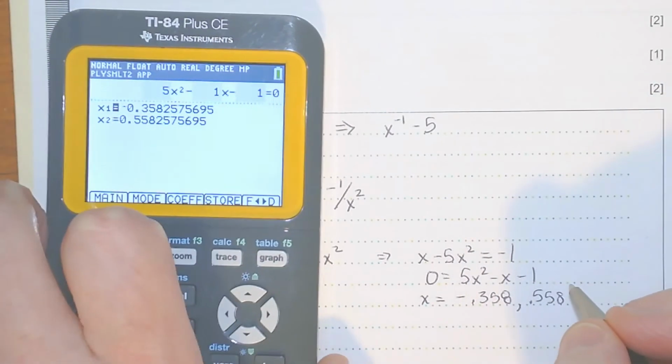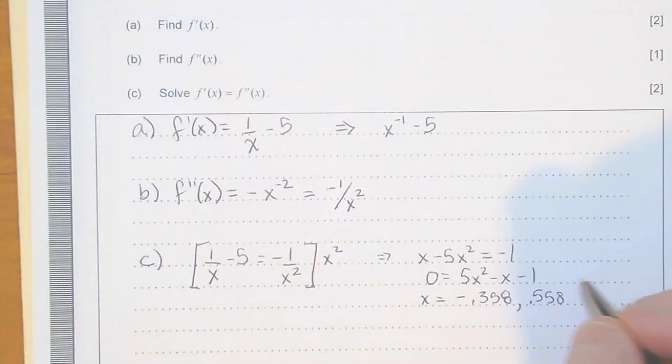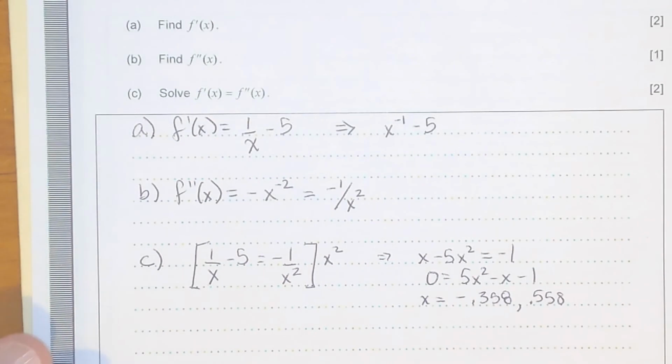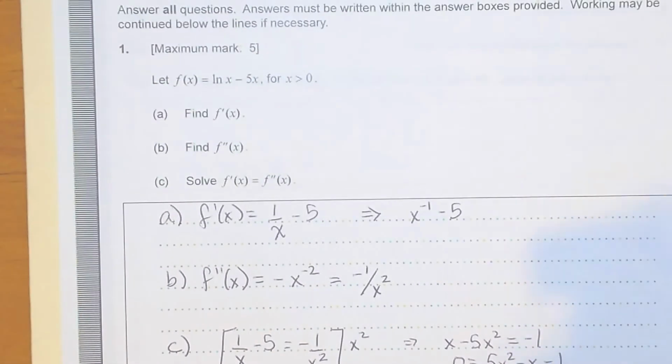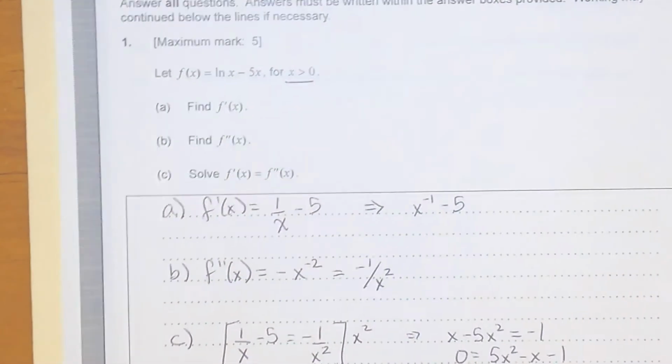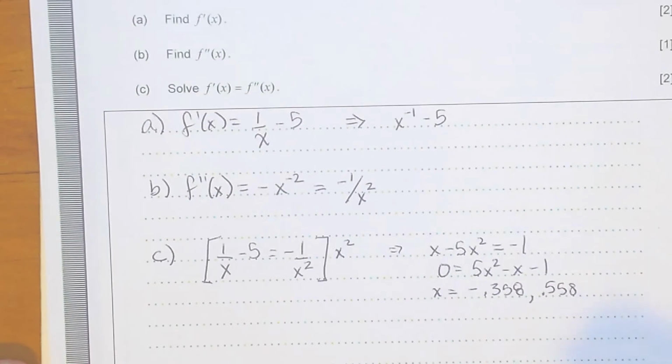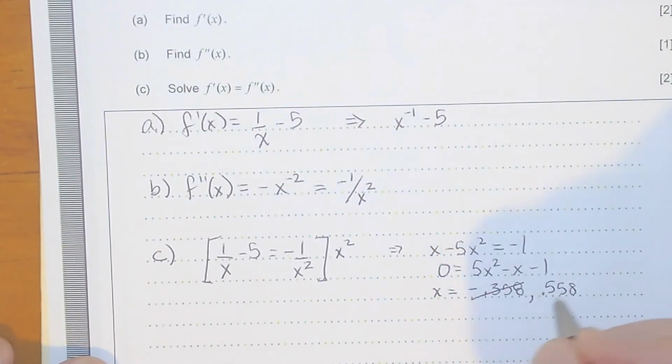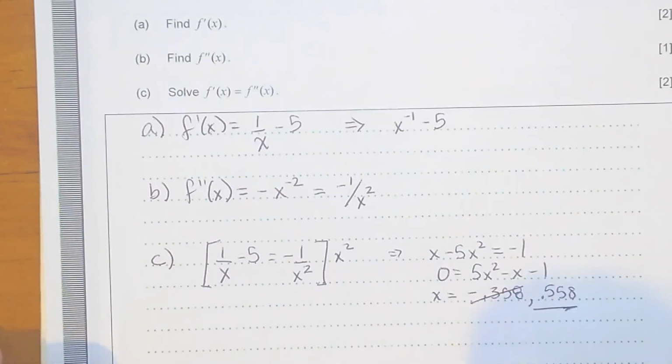Now, it's rather important that I go back and notice that in the original question it said for x greater than 0. So because of that, I need to eliminate the minus 0.358, and here's my final answer, x equals 0.558.